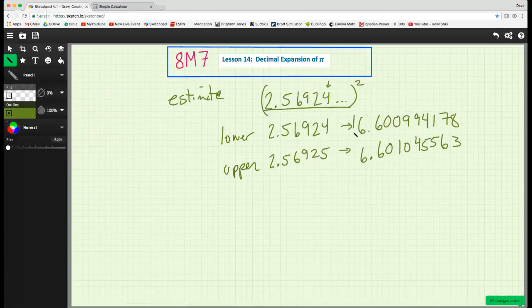So now we got to figure out, we can take as many digits as are the same, and then the digits diverge. So I don't know if it's a 0 or a 1, question mark. So my estimate is going to be 6.60.